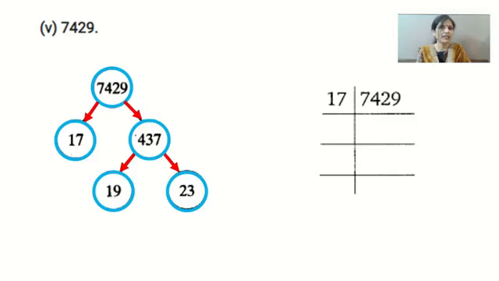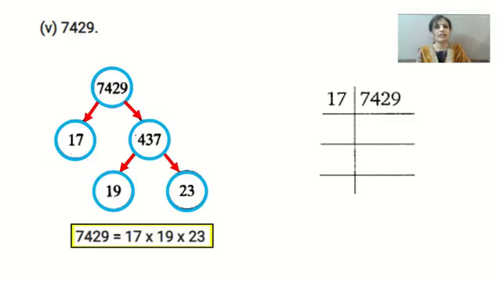So 17, 19 and 23, all three are prime numbers. So we can write 7429 is equal to 17 into 19 into 23. These are the prime factors, because we cannot further factorize 17, 19 and 23. All the three are prime numbers.